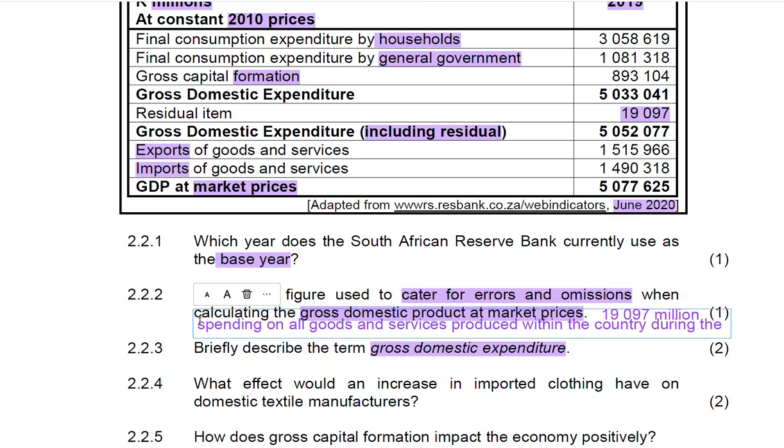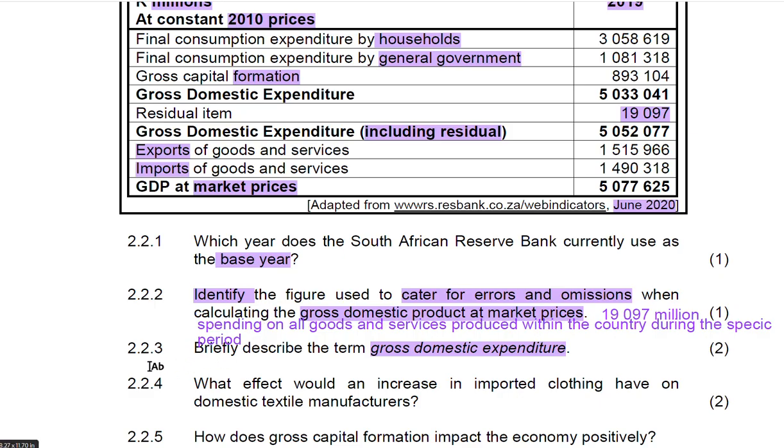It is very important to write that during the specific period. So the most important thing is you have to talk about spending on all goods and services, and it should be produced within the borders of the country and during the specific period. Make it visible to the examiner that you understand what you're talking about.